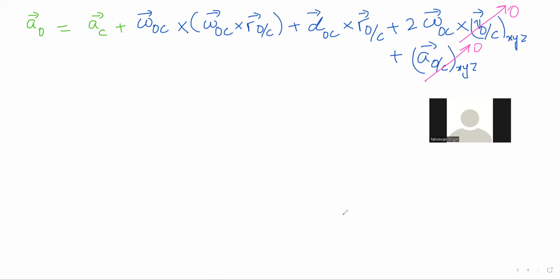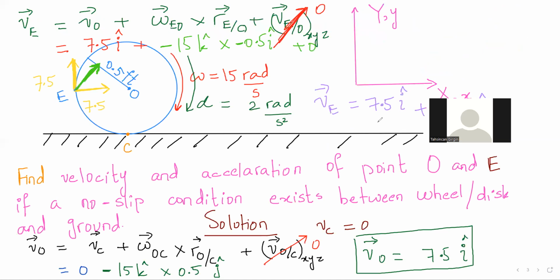Okay, now let's talk about AO. What is the direction of acceleration of O? When this disk is rotating going towards the right, as far as the center of mass is concerned, what is the direction?